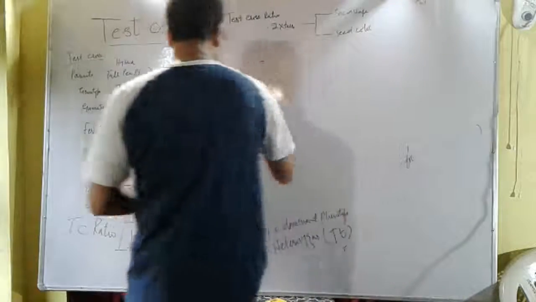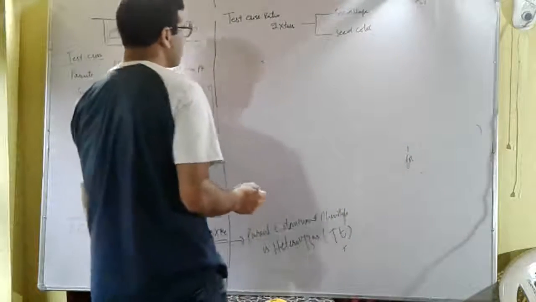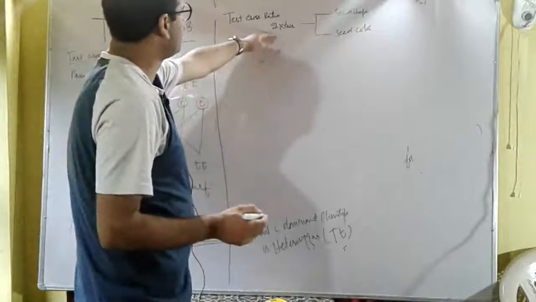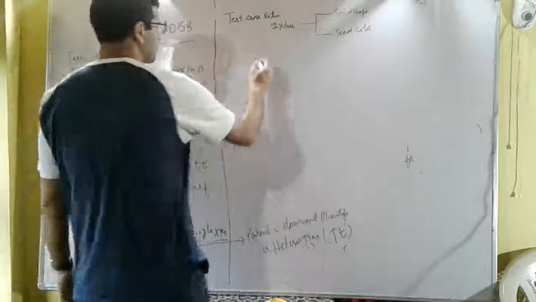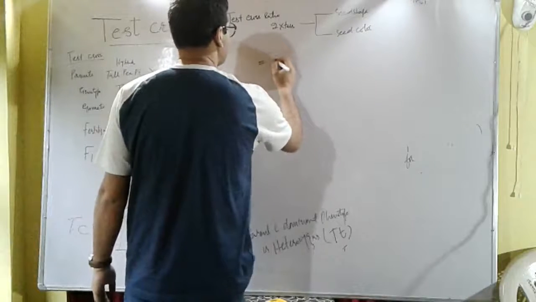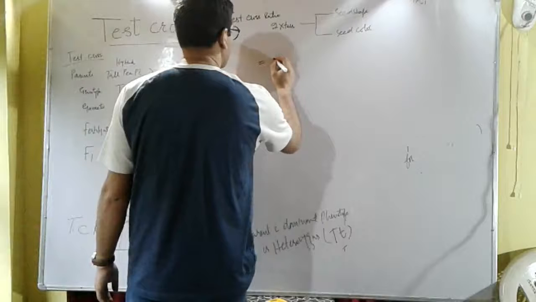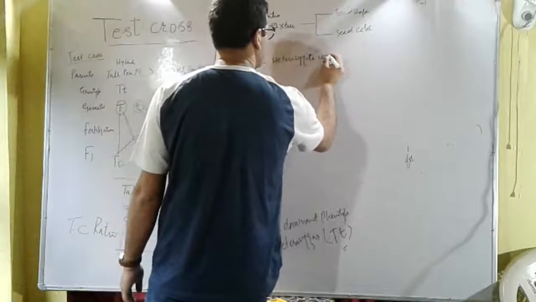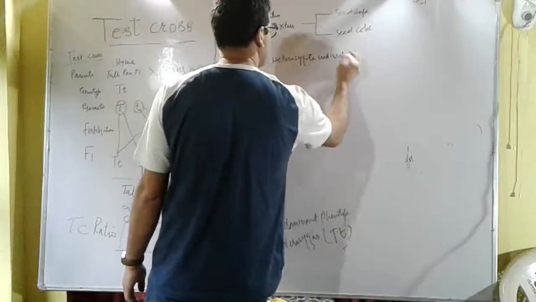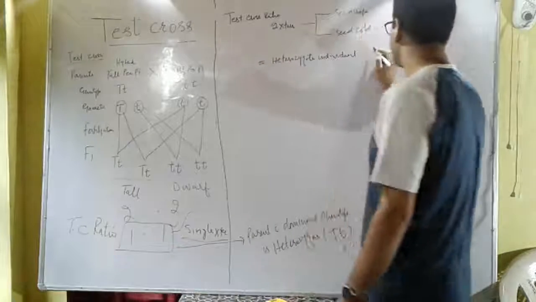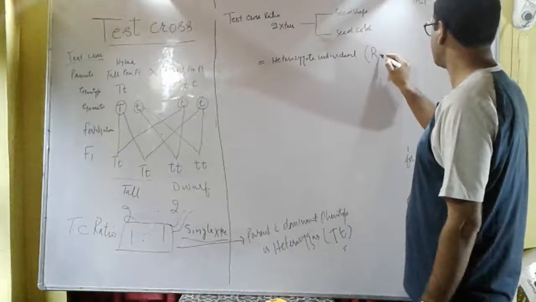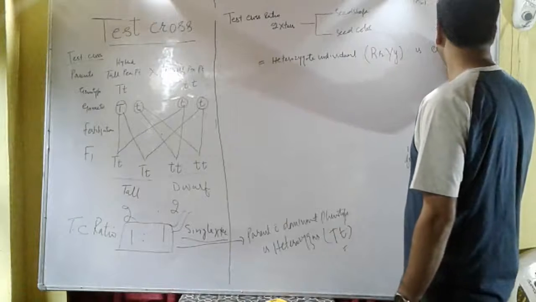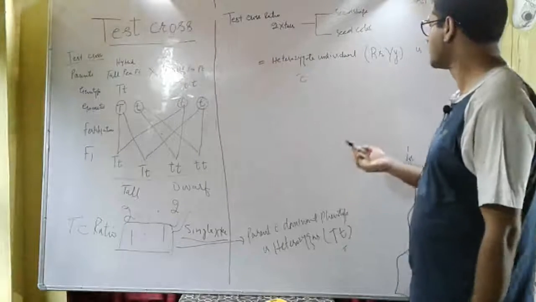Here, in a test cross where we take two characteristics, the heterozygote individual, that means we have capital R small r, capital Y small y, is crossed with a homozygous recessive parent.